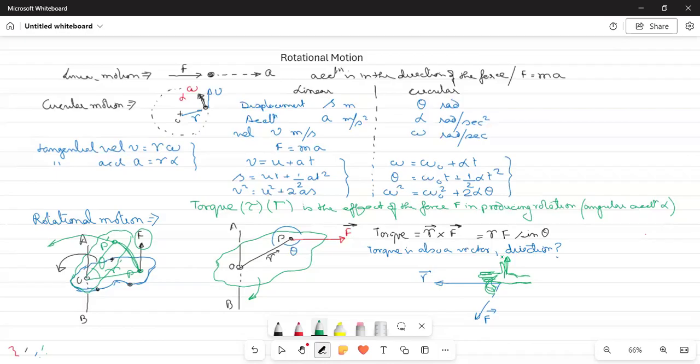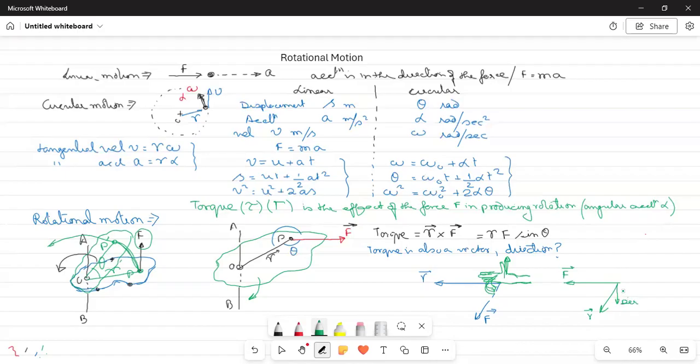And one thing more, remember, it should be very obvious. If you take the F vector and the R vector and then you try to put your fingers, you will find the direction is opposite.